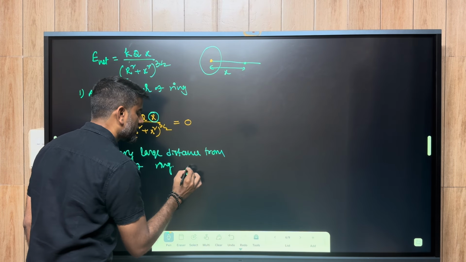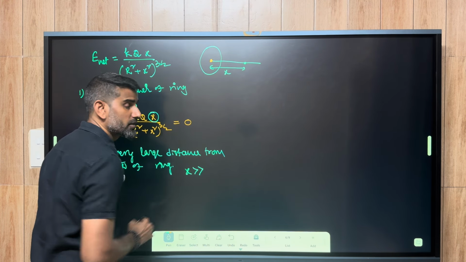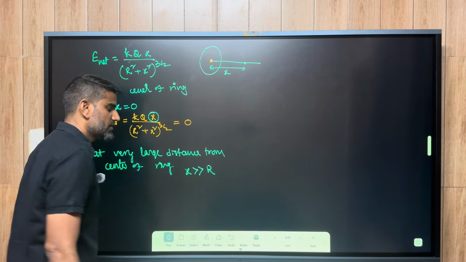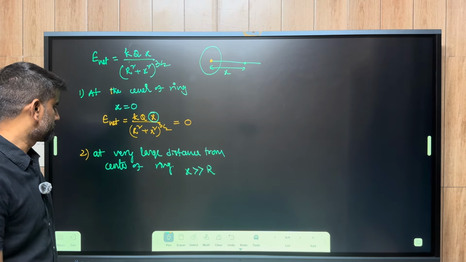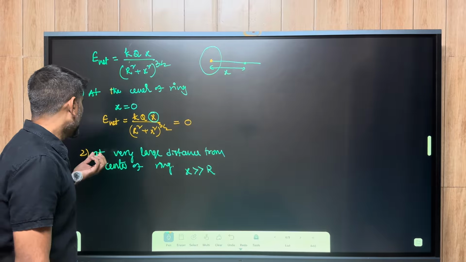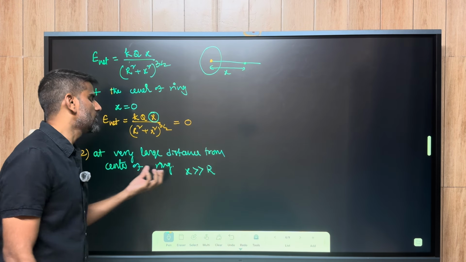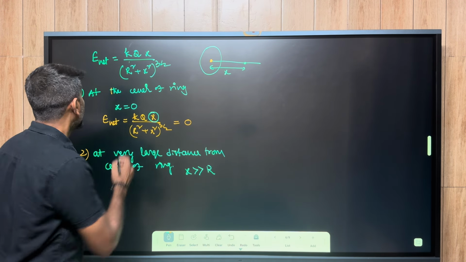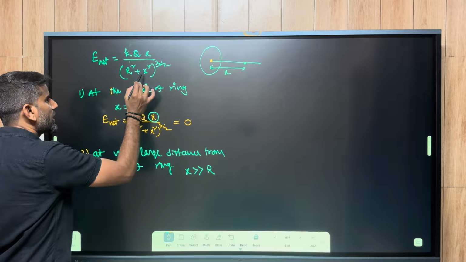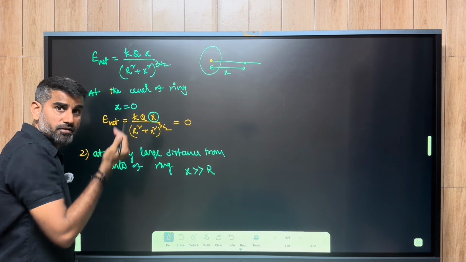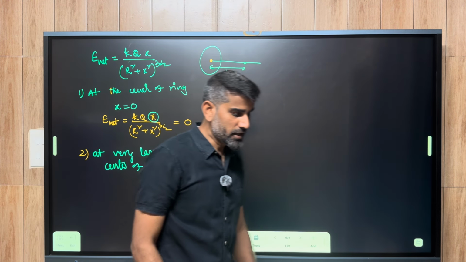That means x is very much greater than r. Very large distance in the sense that x is very much greater than r. Now I'm going to use the same equation. If x is very much greater than r, then r square can be neglected.